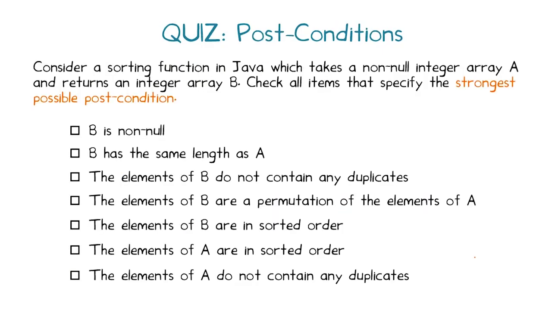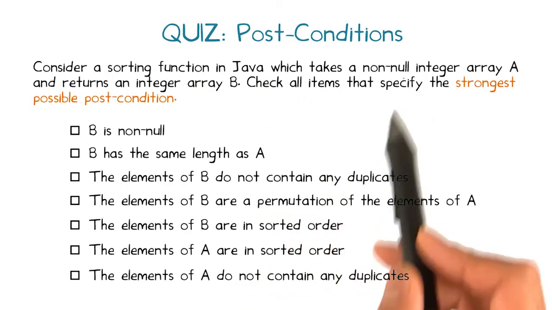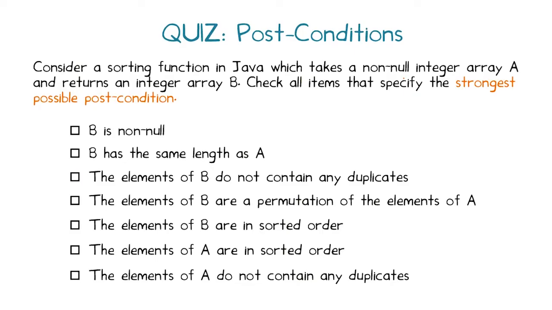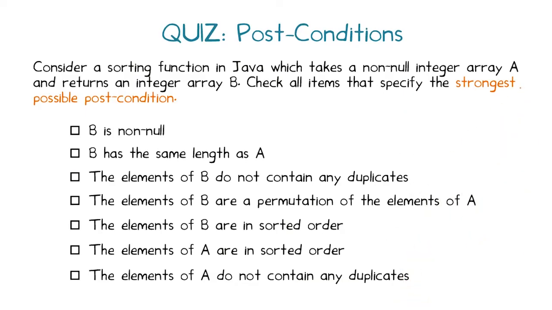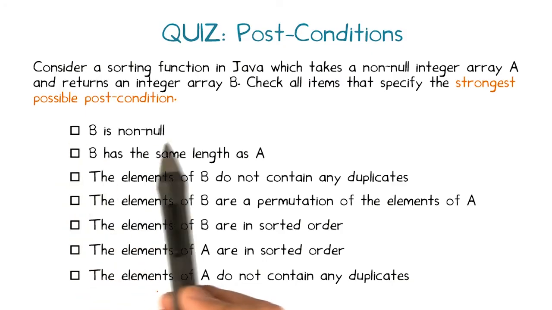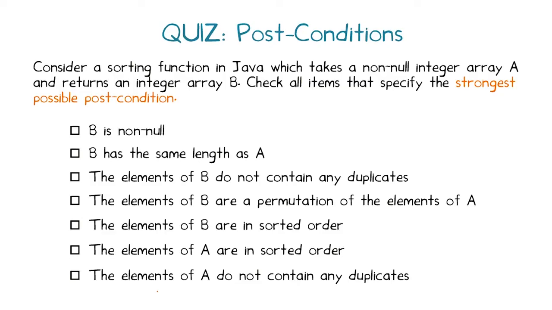Now, to check your understanding of post conditions, consider the following quiz. Given a sorting function in Java, which takes a non-null integer array A and then returns an integer array B, which of the following statements must be true in order to form the strongest possible post condition for the function that does not improperly reject a correctly sorted array?